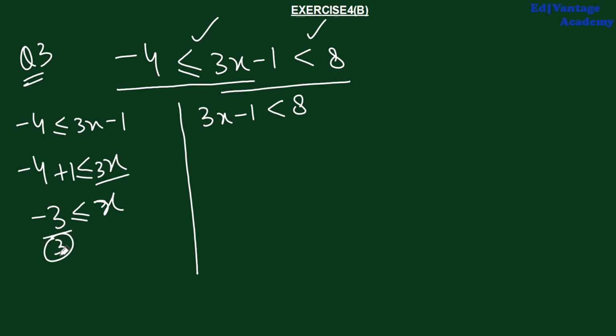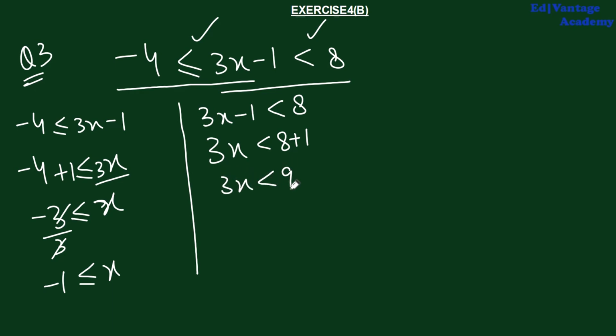Whether here it is minus or plus, that was already there, we didn't bring it from the other side. What we are bringing from the other side is positive 3. So the symbol doesn't reverse. When you cancel, you get -1. So x is greater than or equal to -1. Same thing when we do it here: 3x is lesser than 8 + 1.